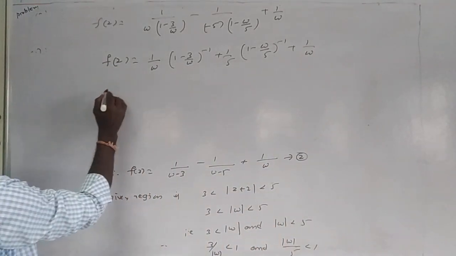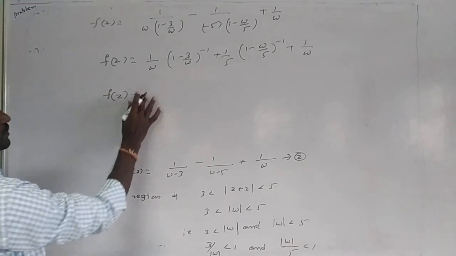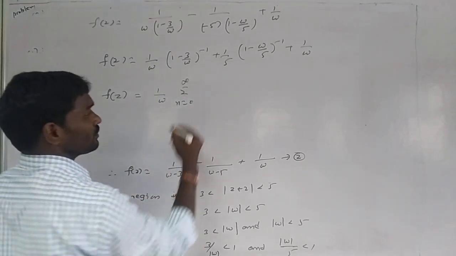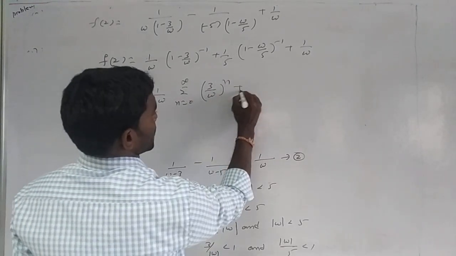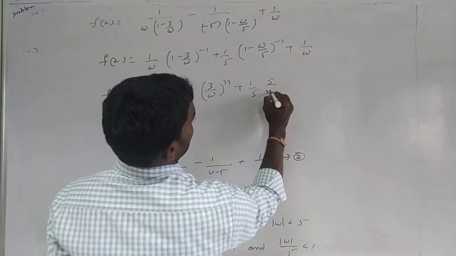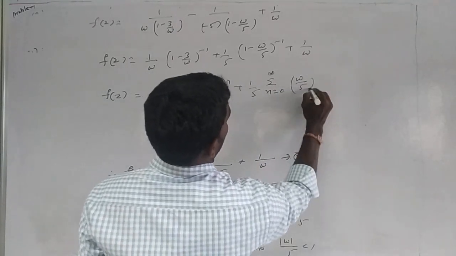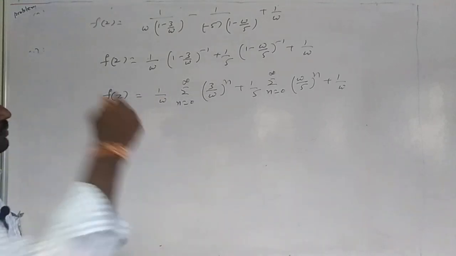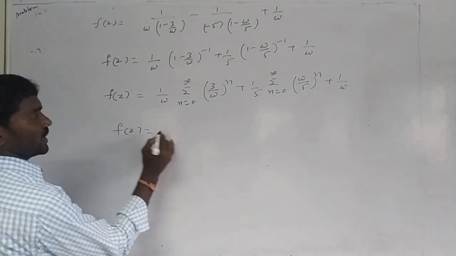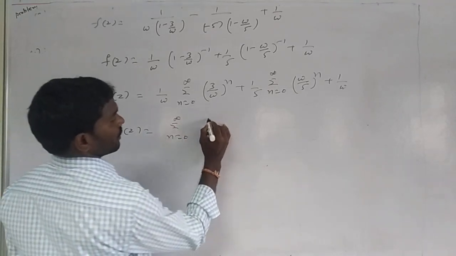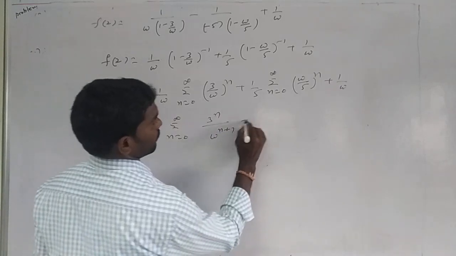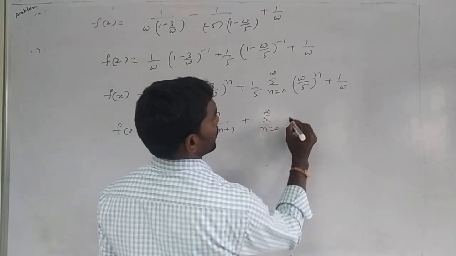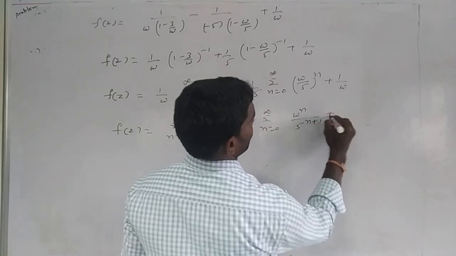That equals f(z) equals 1 by w summation n equals 0 to infinity (3 by w) to the power n, plus 1 by 5 summation n equals 0 to infinity (w by 5) to the power n, plus 1 by w. That equals f(z) equals summation n equals 0 to infinity 3 to the power n divided by w to the power n + 1, plus summation n equals 0 to infinity w to the power n divided by 5 to the power n + 1, plus 1 by w.